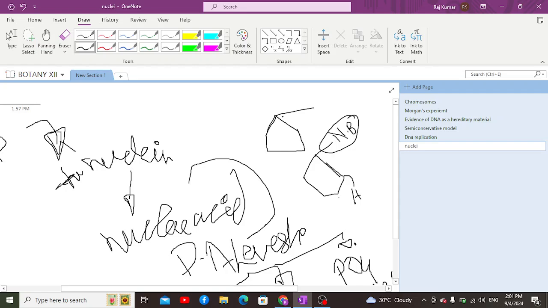On the other side, the third carbon is such that all other carbons have their hydroxyl group on the upper side, but the third carbon has its hydroxyl group on the lower side. OH is over here.